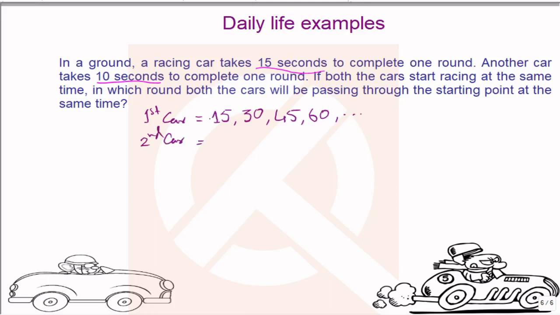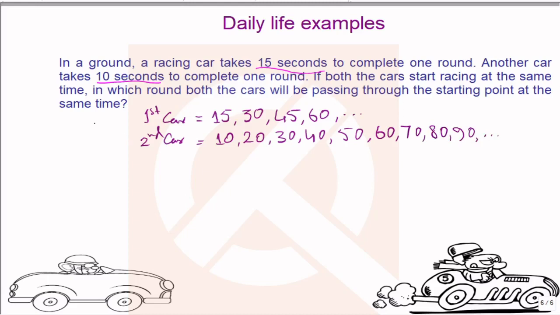First it's taking 10 seconds, then obviously on the second round it will be taking 20 seconds, and these are multiples of 10, so it will be 30, 40, 50, 60, 70, 80, 90, and so on.